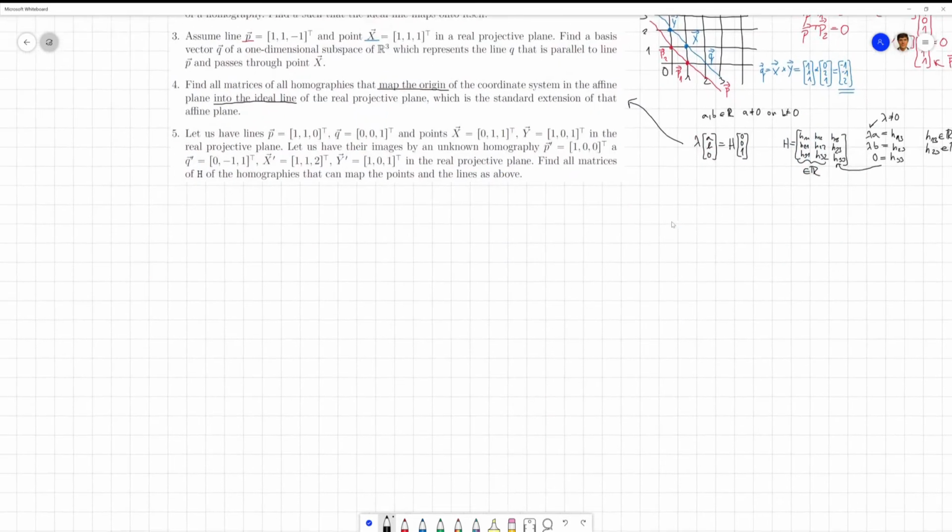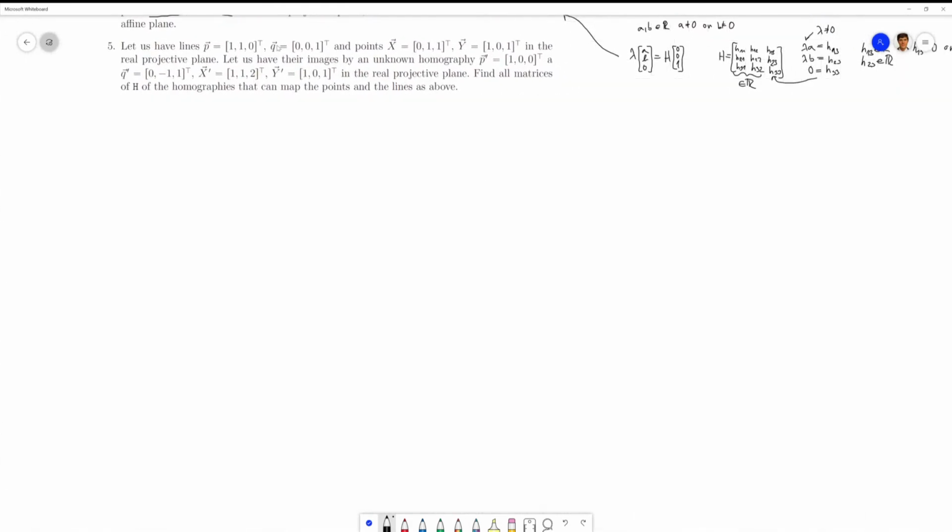In the last task we have two lines and two points which are mapped by a homography matrix, and we should find all homography matrices which meet these constraints. So let's start, for example, with the mapping of line p. So lambda 1 times p prime equals H to the minus transpose times p.